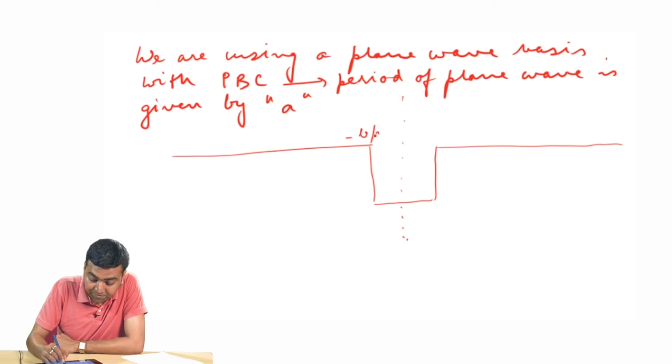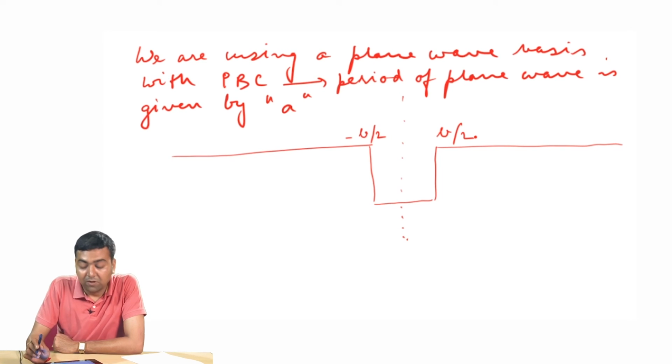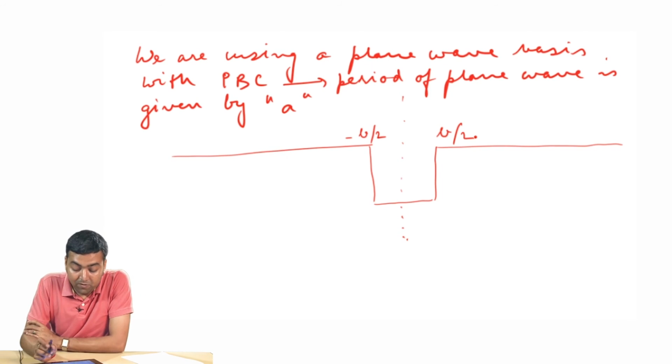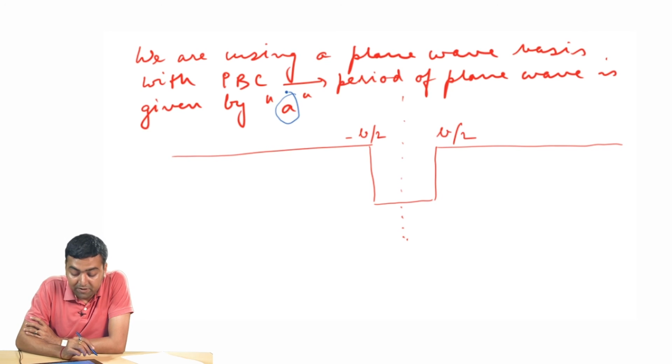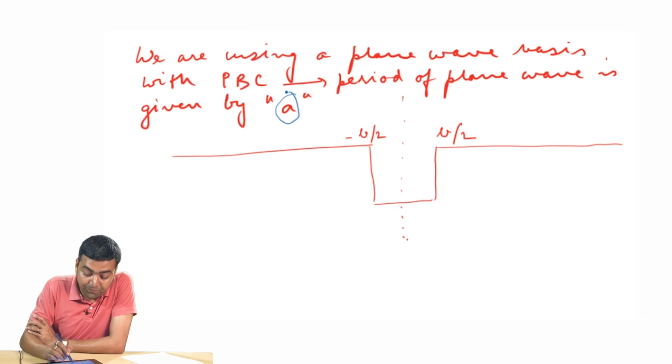This is my minus b by 2 to plus b by 2. Now, I am using this periodic boundary condition. So, what it means is that now my potential is getting repeated. In my original potential, at any values of x less than minus b by 2, the potential is always 0.